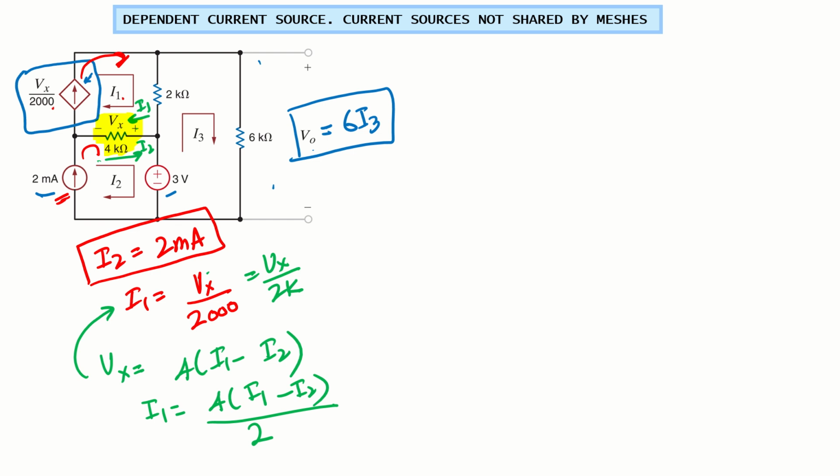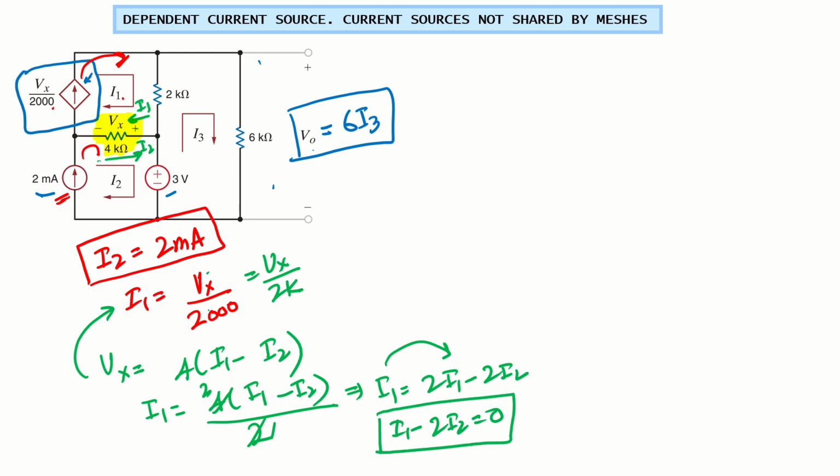So divided by 2, if you rearrange this, I1 is equal to 2 times I1 minus 2 times I2. This I1 goes to the other side, so it will be minus I1, so 2 minus 1, it will be I1 minus 2 times I2 is equal to 0. So we have our equation for the second loop.